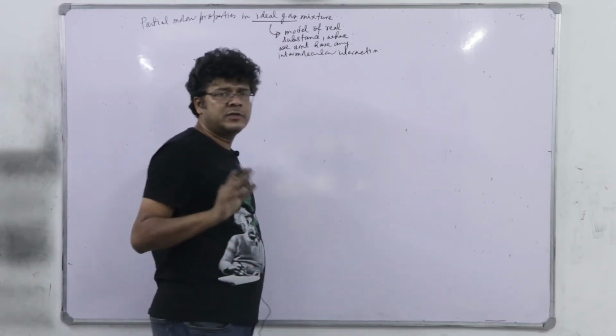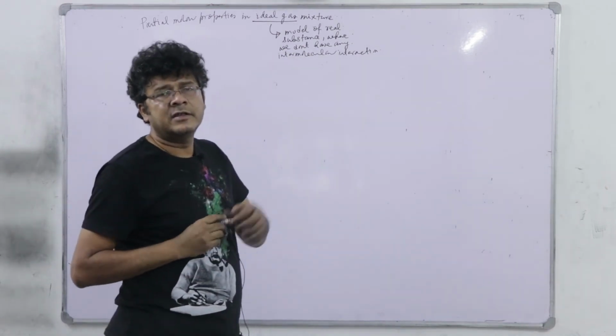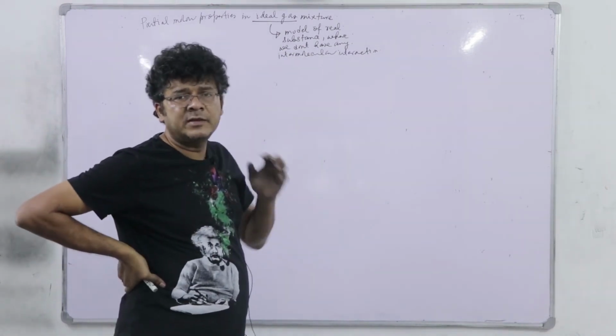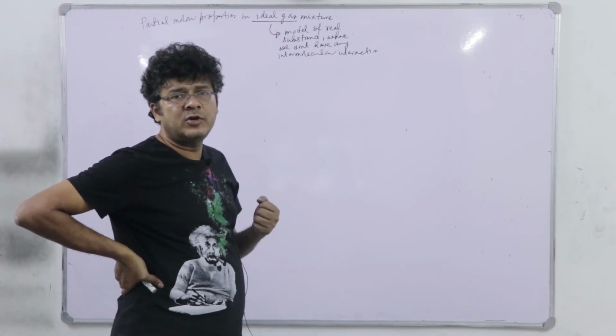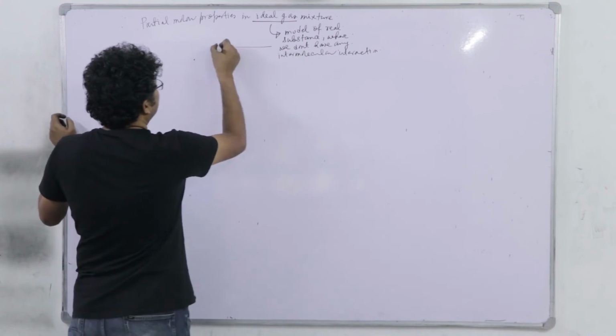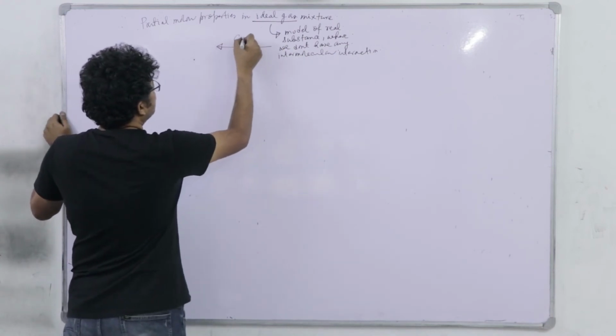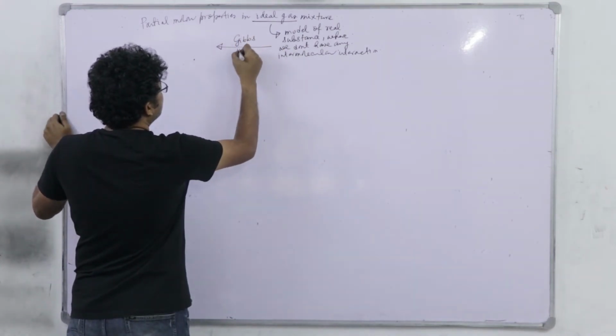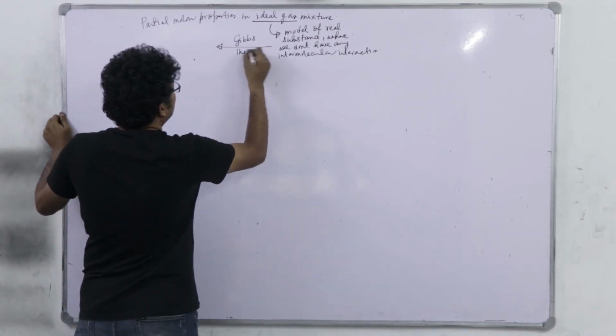So, if no interactions are there, the pure species property must be equal to partial molar property, right, and that gives rise to Gibbs theorem. What it states?